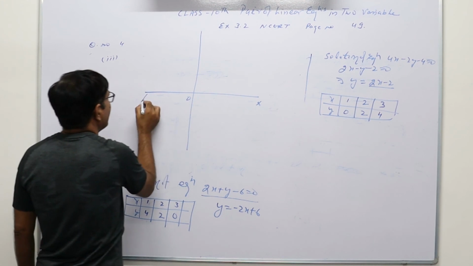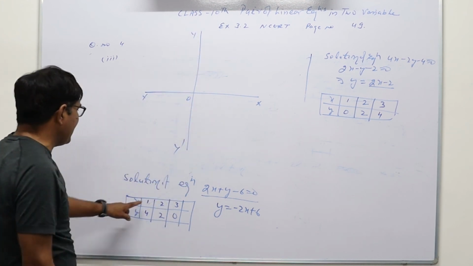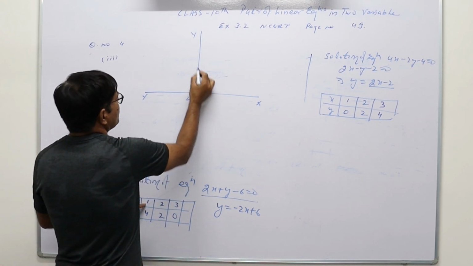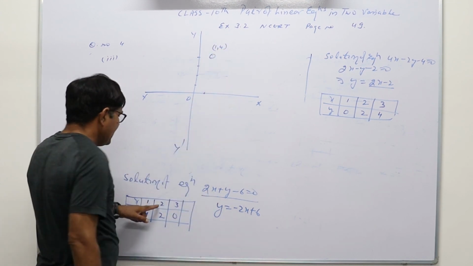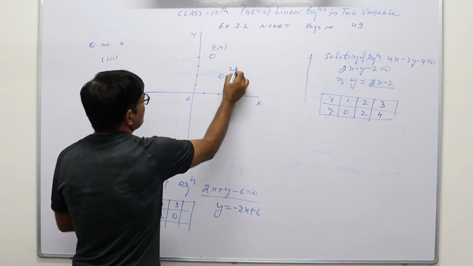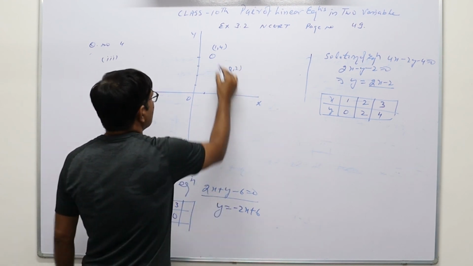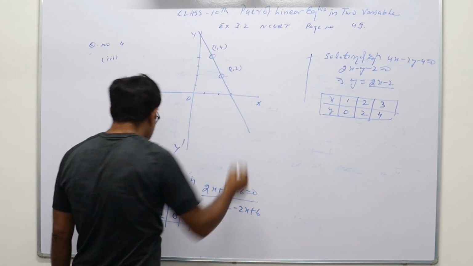Let this one be the x-axis and this one the y-axis. Now for the first equation, when x is equal to 1, then y is equal to 4. So 1, 2, 3, 4. This is (1, 4), the first point. Then when x is equal to 2, y is equal to 2. So this is (2, 2). When x is equal to 3, then y is equal to 0. So this will be the first equation's graph.